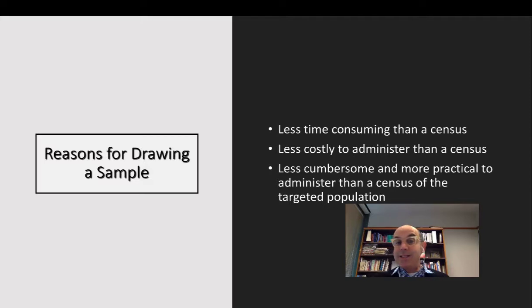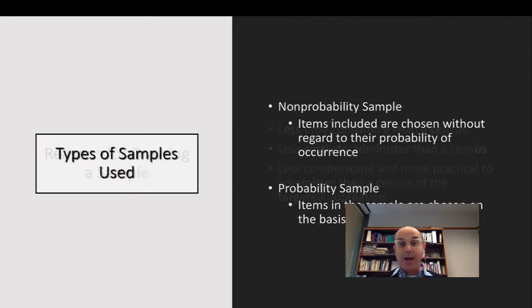The reason for drawing a sample, again, is less time and less work, and it allows us to produce results faster than if we took the entire population. There are two types of samples based on probability.